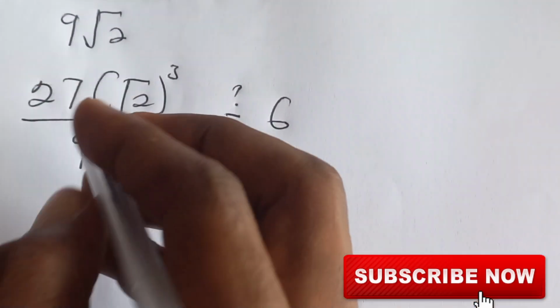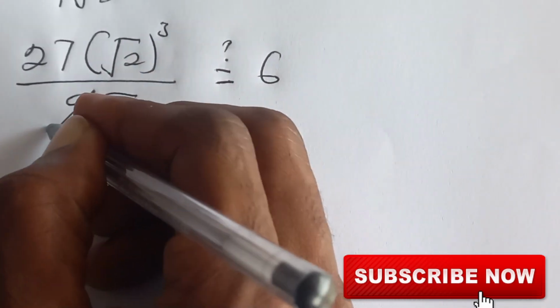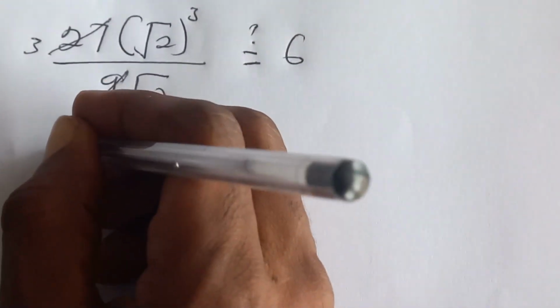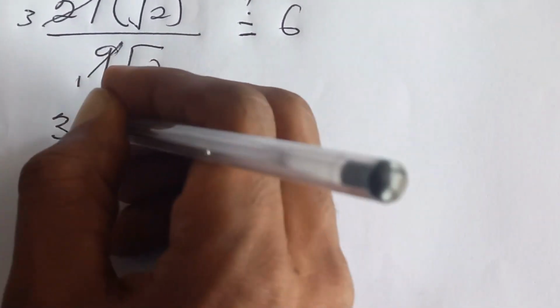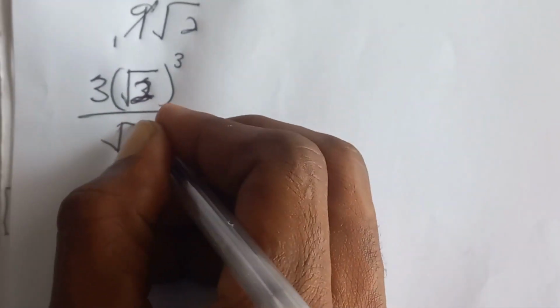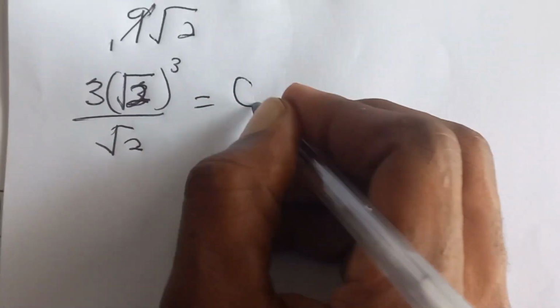So now you can see that 9 goes into itself 1 and it goes into 27 3 times. So now we can say that 3 root 2 exponent 3 on root 2 is equal to 6.